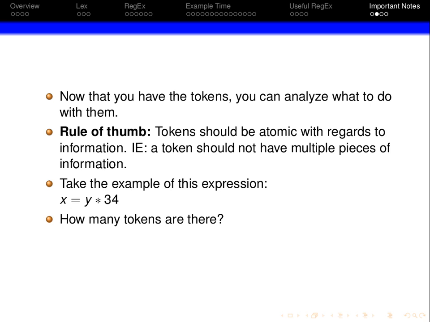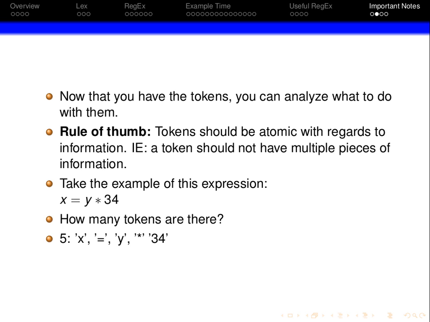Now you have tokens. You can analyze what to do with them. Rule of thumb: tokens should be atomic with regards to the information. A token should not have multiple pieces of information. Take this example expression: x equals y times 34. How many tokens do you see? 5, right. You got it. X is a variable. Equals is a symbolic assignment. Y is another variable.